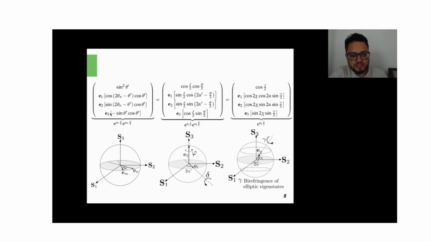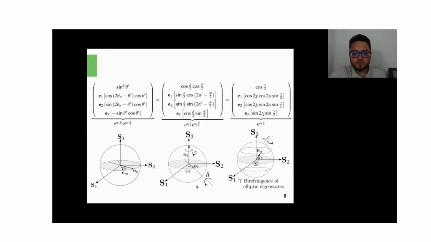The term in E3 implies that, in general, the system is birefringent with elliptical eigenstates. This is true due to group theory under the rotations. In that way, we could resolve this equality to obtain the analytical form of this system.